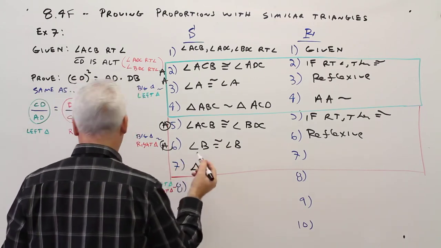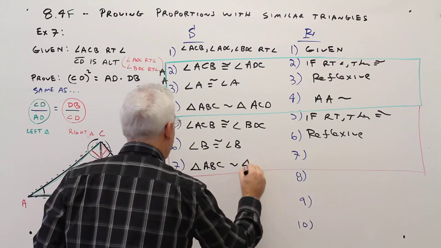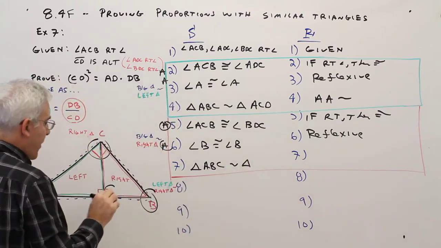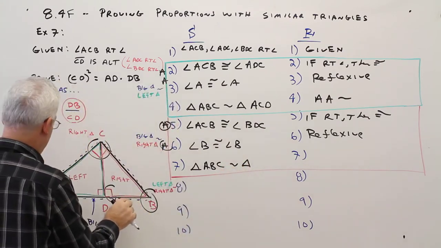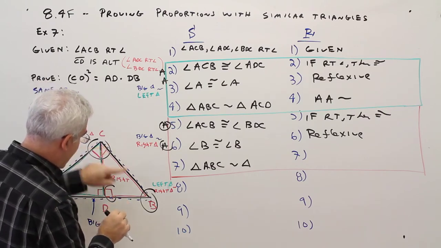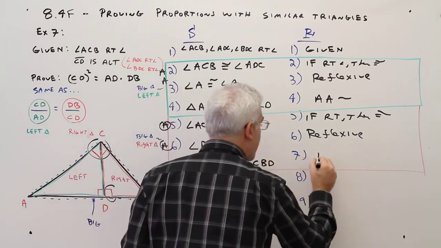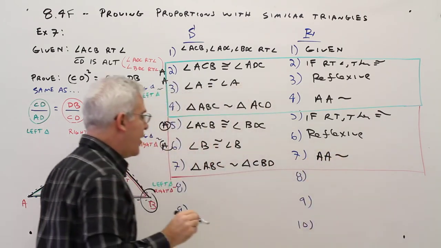So now I've got triangle of the same ordering, ABC. So ABC going over here, so that would be the angle not of interest. That would be angle CBD by angle similarity.